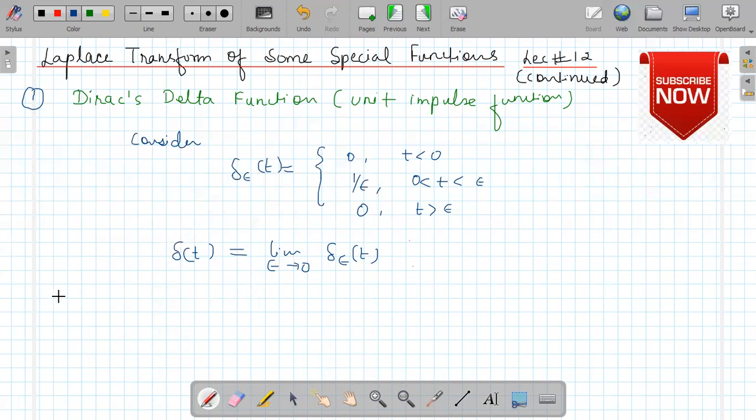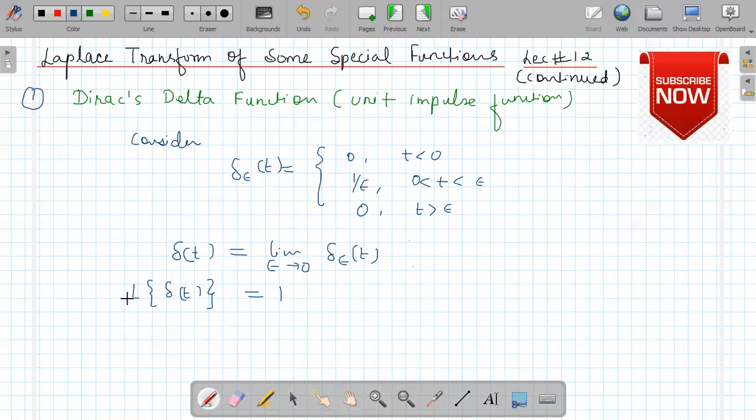So the Laplace transform of this function is always 1, and we can prove it. What we do here is, first we take the Laplace transform of this function and then we take the limit of its Laplace transform, and that will give us the Laplace transform of this function.